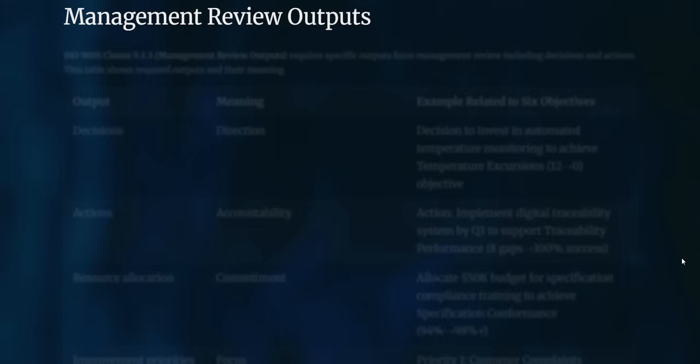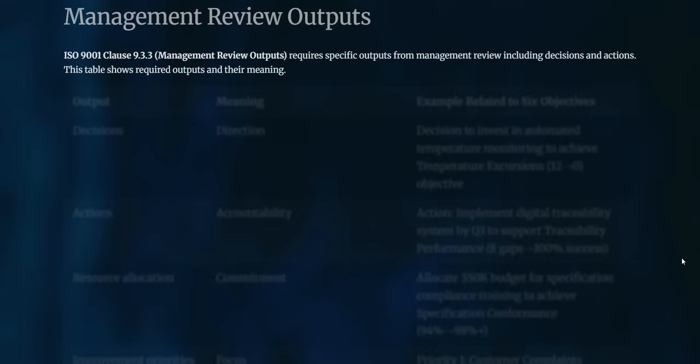Management review outputs. After we looked at the inputs, now let's look at how to design the outputs. ISO 9001 clause 9.3.3 management review outputs requires specific outputs from management review, including decisions and actions. This table shows the required outputs and their meanings.